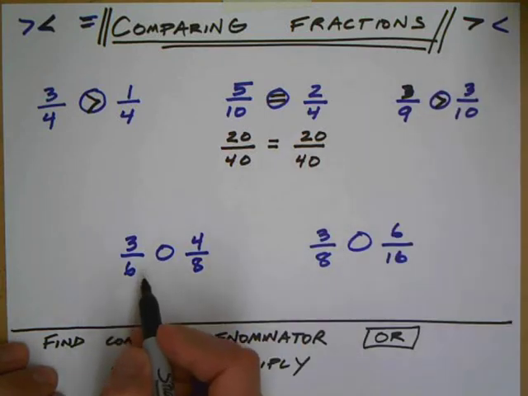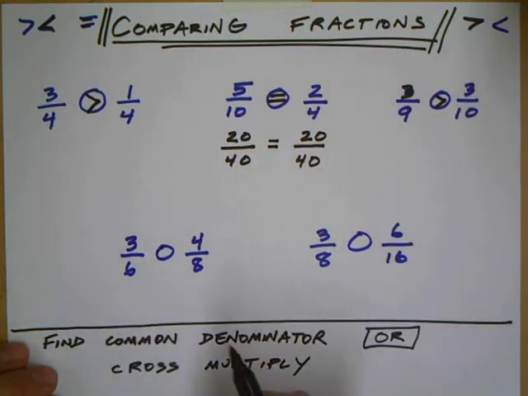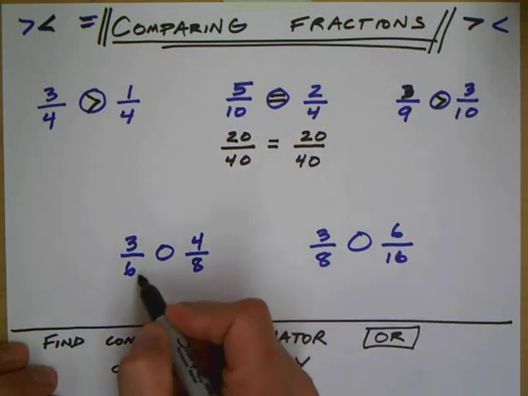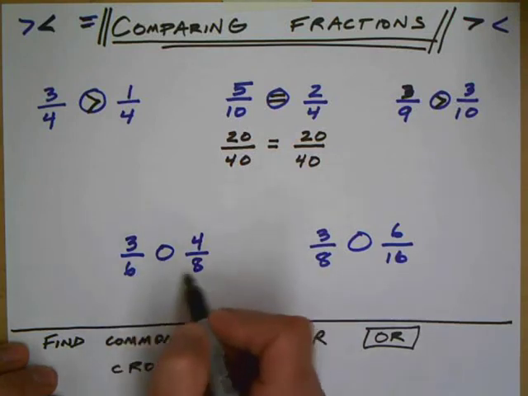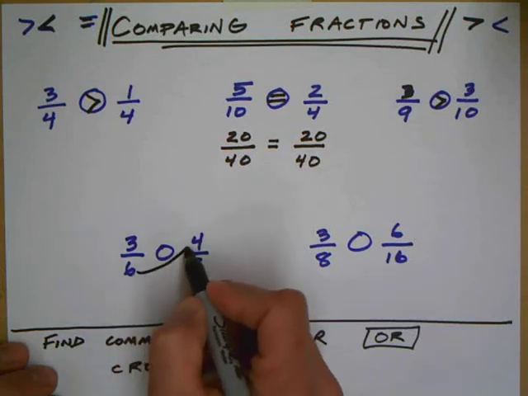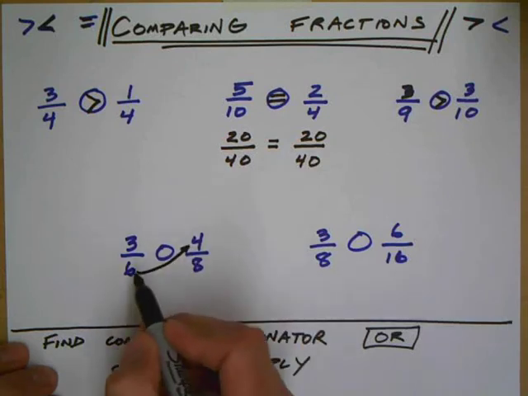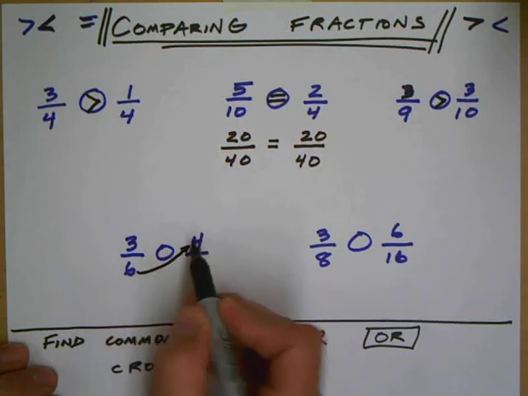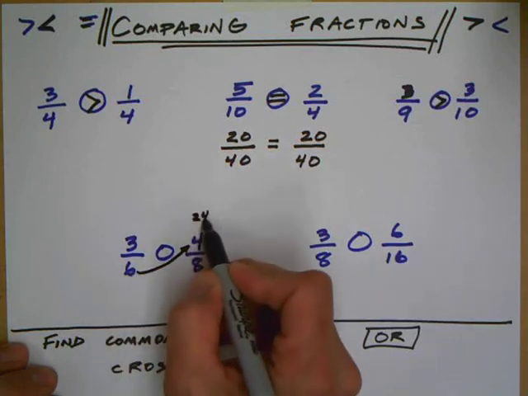On this next problem, I want to show you a very cool strategy called cross multiply. What cross multiplying does is you start with your denominators always, and what you do is you multiply the opposite numerator. 6 times 4 is 24, and you put that number up above.